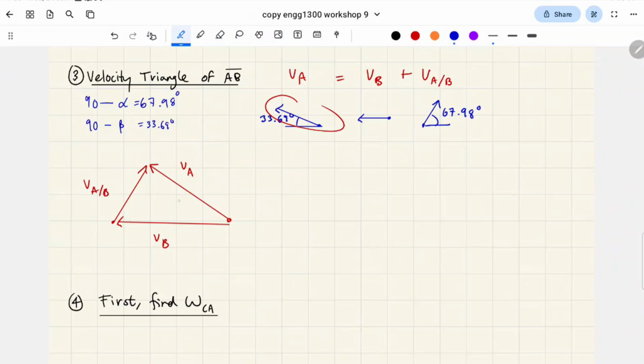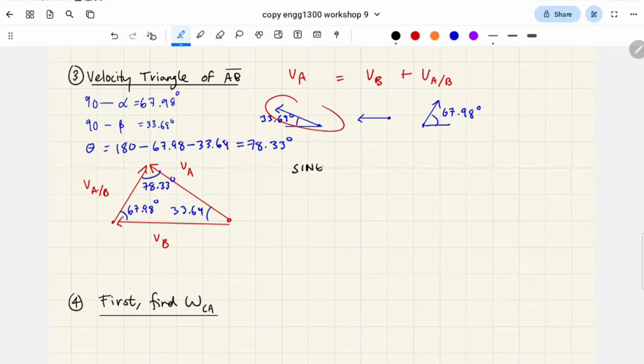And these are the angles here. So that's 33.69, right? That one is 67.98, right? And this last one is going to be a new angle, which I haven't calculated yet. It's going to be 180 minus these other ones, which is 78.33, okay?